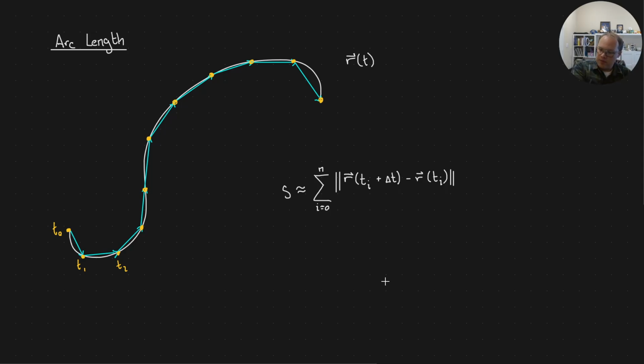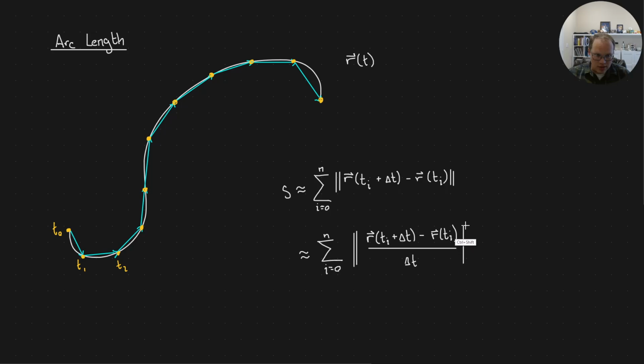Now, if you've done a lot of calculus, this looks awfully familiar, right? This is the numerator of our derivative function, isn't it? So what if we kind of complete it? r of t_i plus delta t minus r of t_i, and then I just divide by delta t.